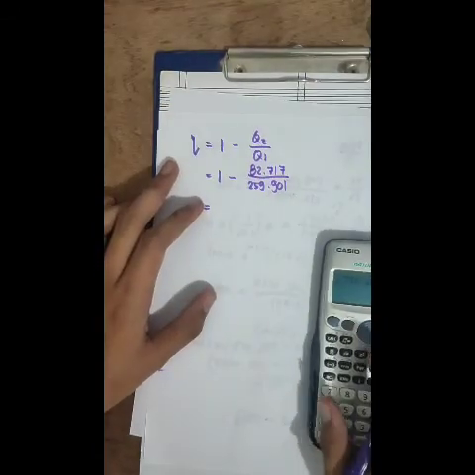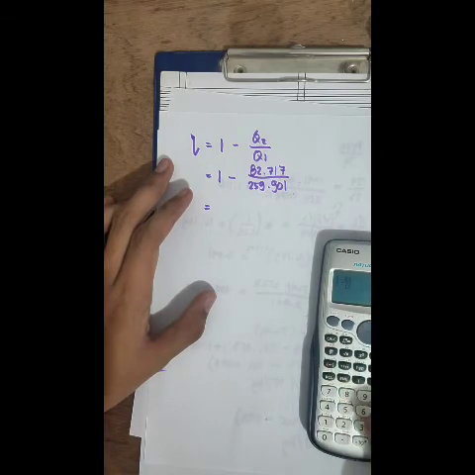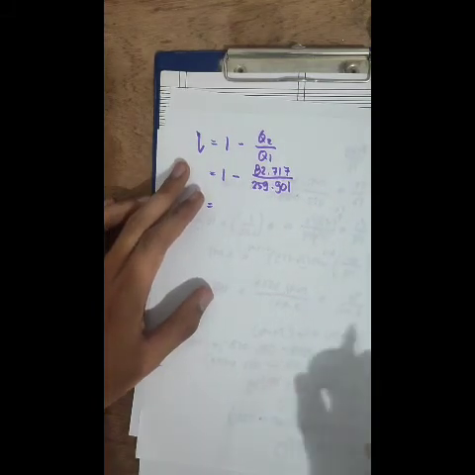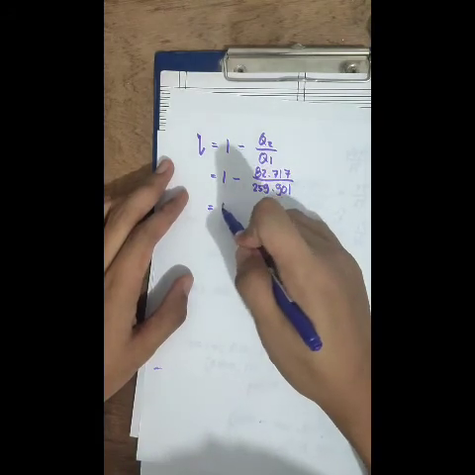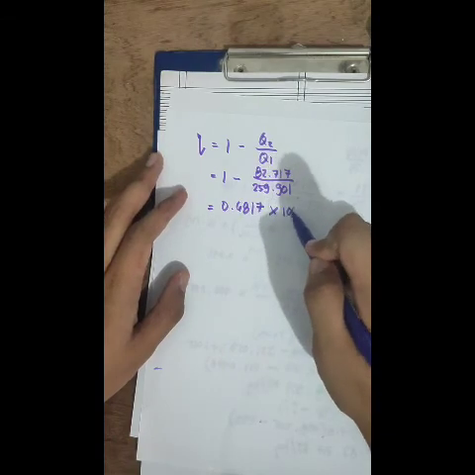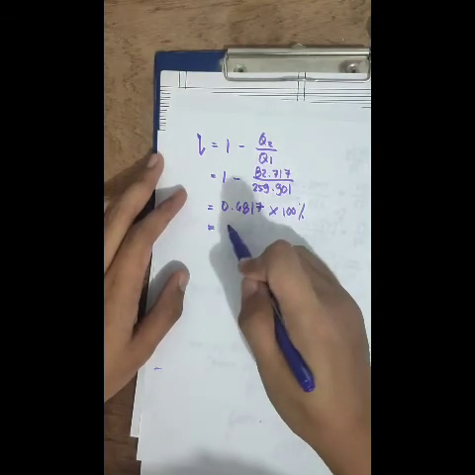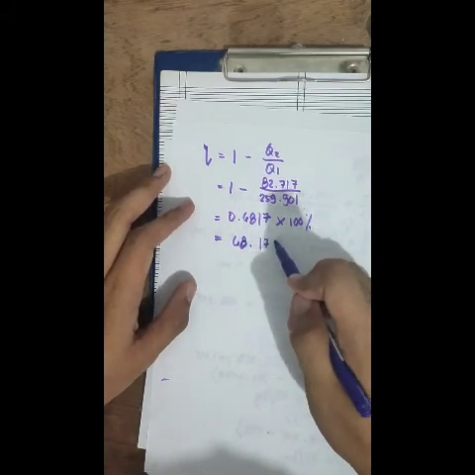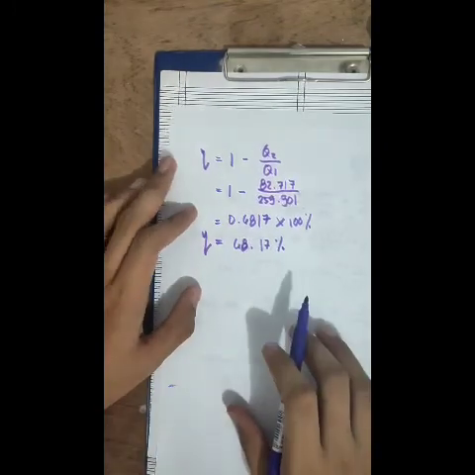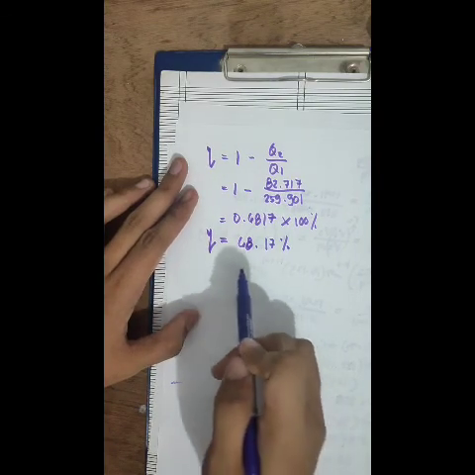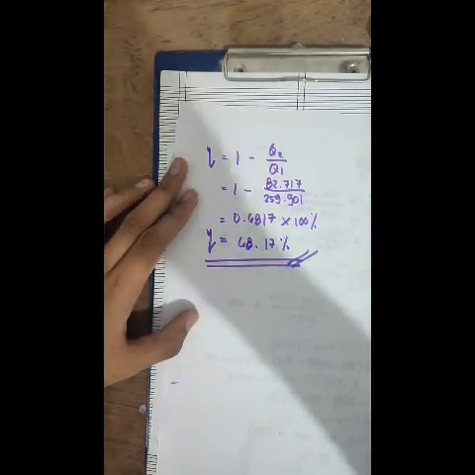Now we can solve the efficiency, which is 0.6817. You can multiply this by 100% to make it a percentage. So the final answer is 68.17%. So the thermal efficiency for the dual cycle is 68.17%. Thank you.